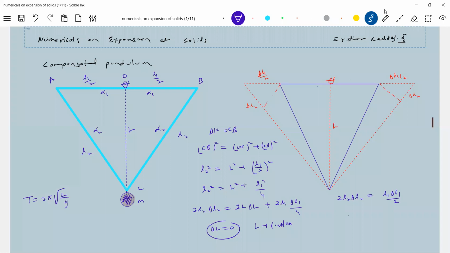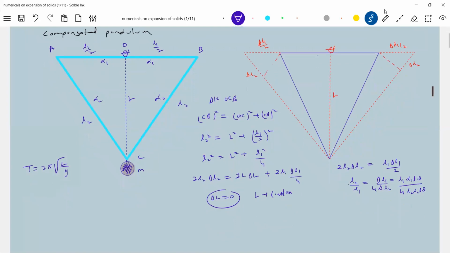So I want certain conditions. What will the conditions be? Okay, let me do it like this. L2 by L1 is equal to delta L1 by 4 delta L2. So what is delta L1? L1 alpha 1 delta theta, change in temperature. What is delta L2? L2 alpha 2 delta theta, change in temperature, that will get cancelled out.